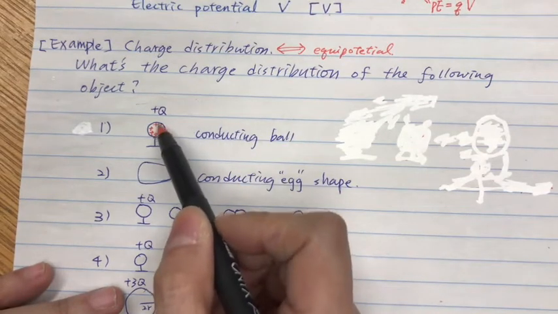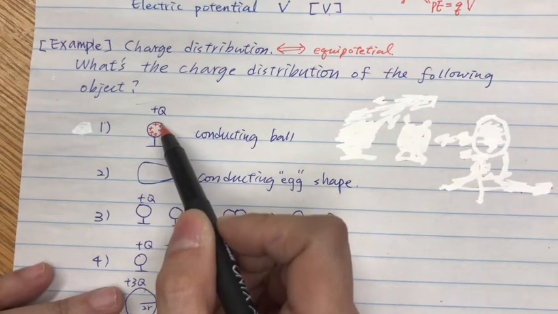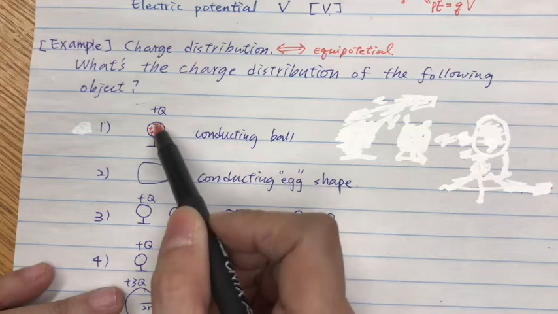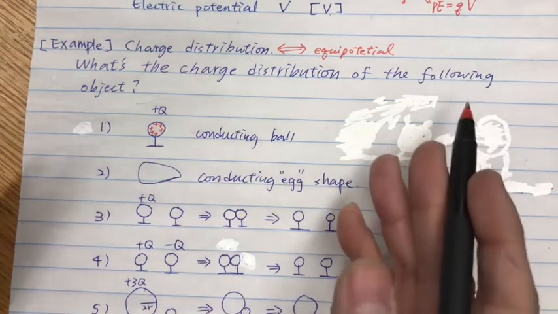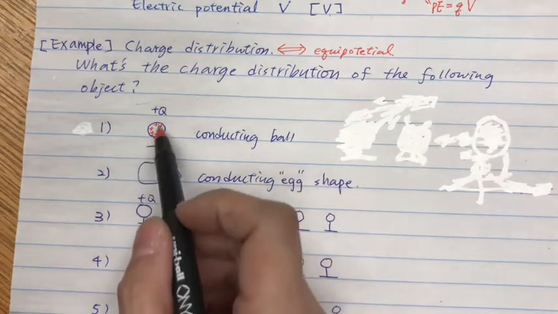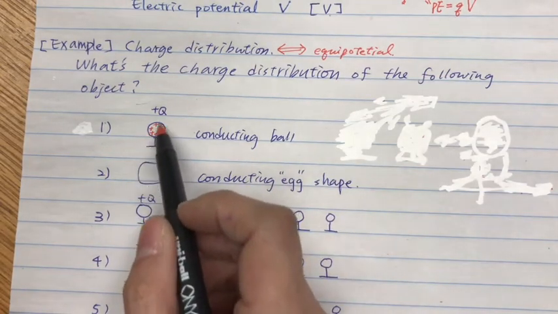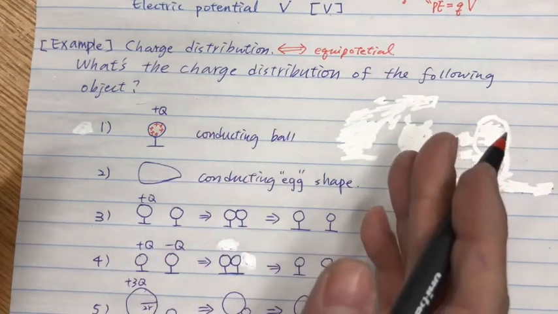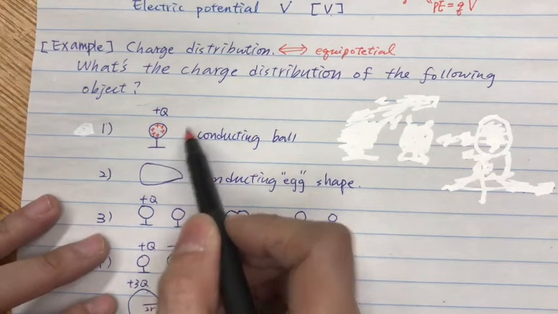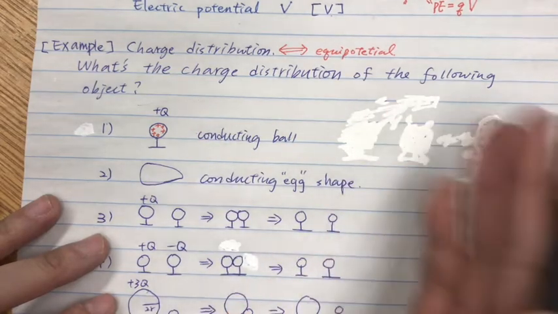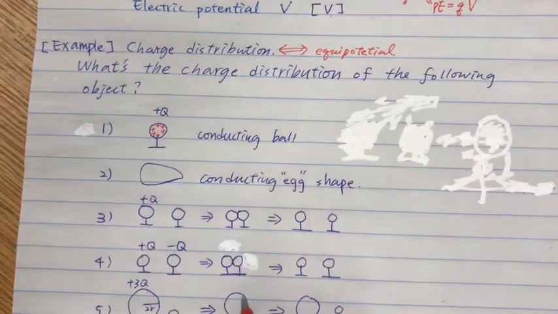The charges are distributed in a way that maintains the same potential at every point in this conducting ball. If any part of this conducting ball has a different potential, then the charge will want to move from higher potential to lower potential.